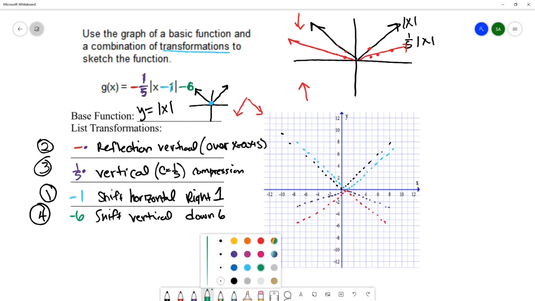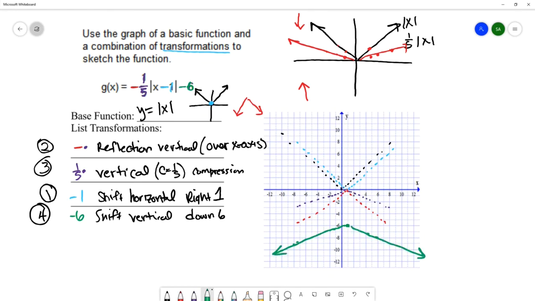And so we would get, this is where my corner would happen, and it would be kind of flat looking. And maybe I'll draw this as a solid line since that's our final graph. So this is the picture that I would get from those transformations.